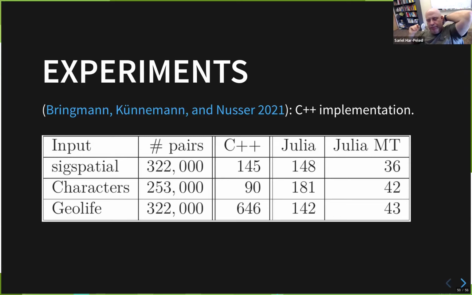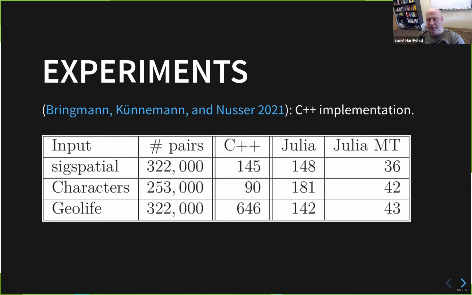And the task at hand is essentially you get this database of curves, and you get a list of pairs of curves, and for every pair of curves, you need to decide whether the Fréchet distance is below or above a certain threshold, right?